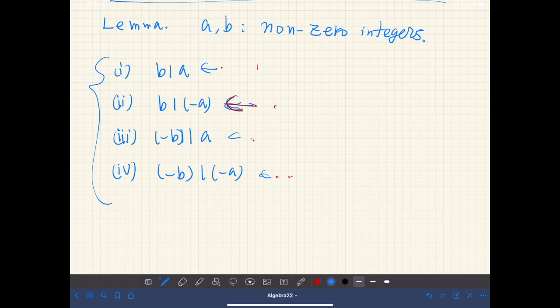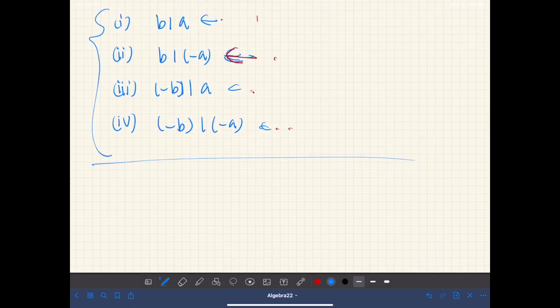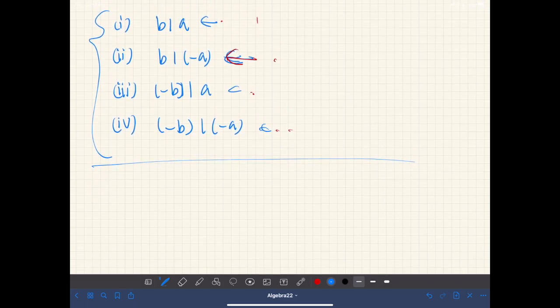And I think this is almost trivial, but let us prove some of them. So let's take 1 and 2. Let's try to prove these two are equivalent. Equivalent means if 1 holds, then 2 holds. And if 2 holds, then 1 holds. So we need to prove both directions.